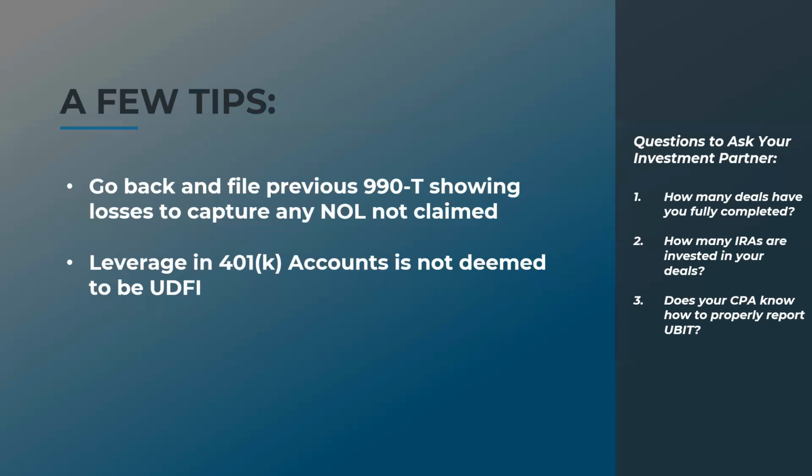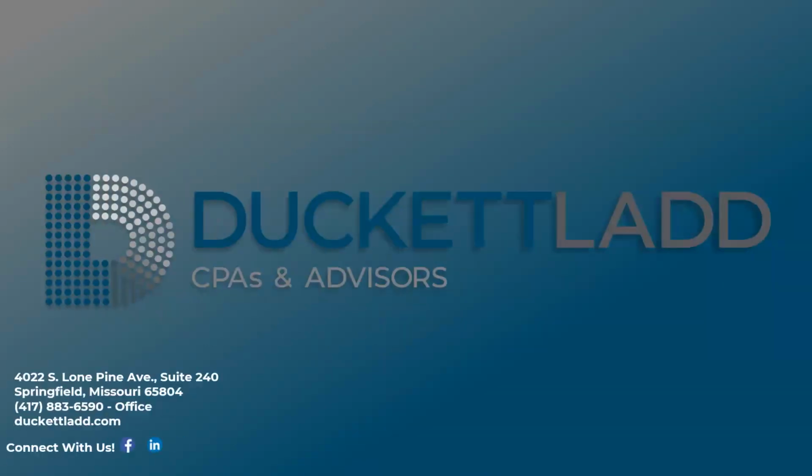So guys, this is just a really brief tutorial on unrelated business income tax, how it could affect you as you're getting into alternative investing. And again, we have focused in on self-directed IRAs that are investing in real estate that is leveraged.